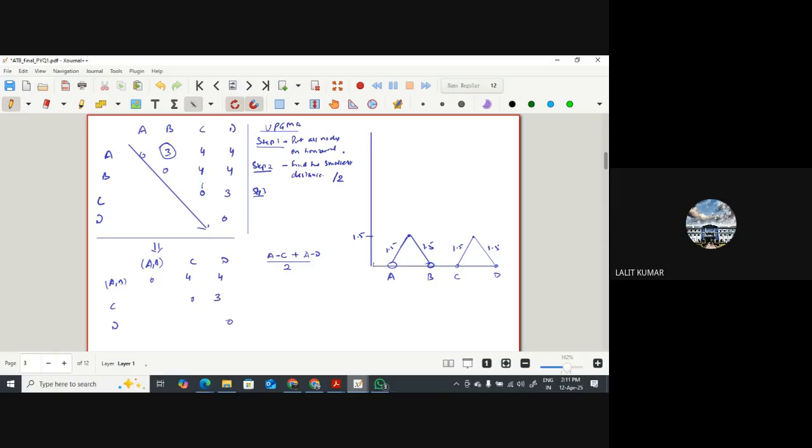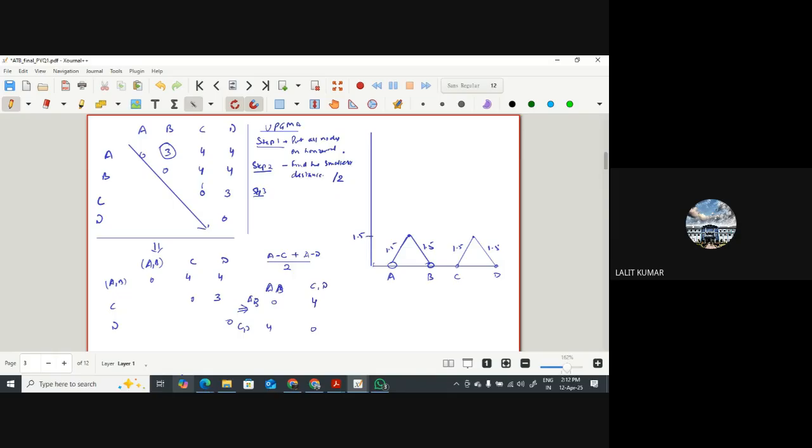Now you convert it to AB, C, D. The distance between AB and CD will be AB to C plus AB to D divided by 2, so this will also become 4.